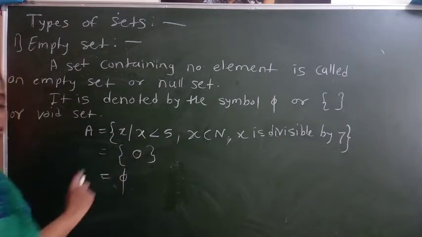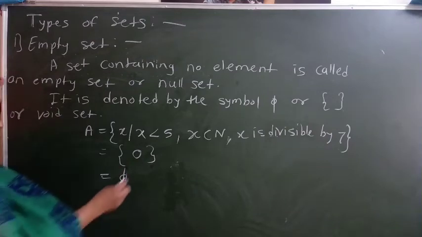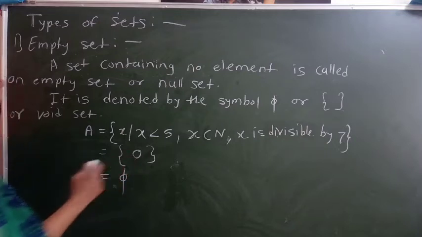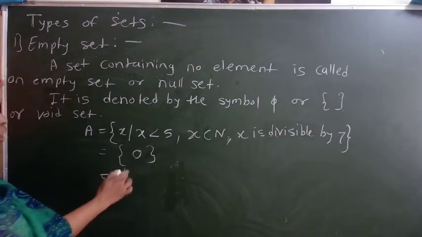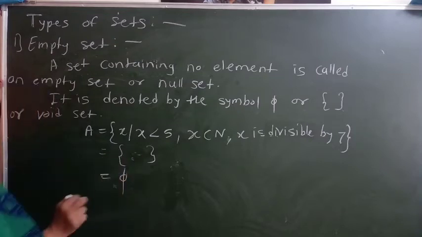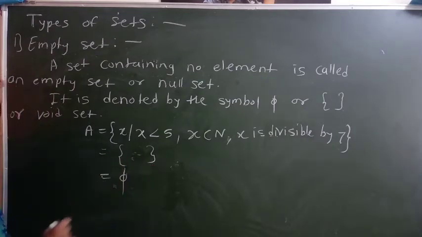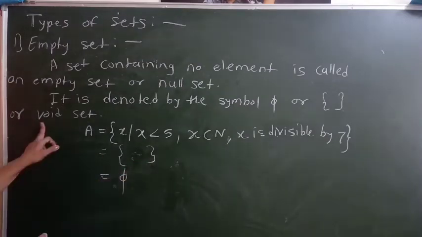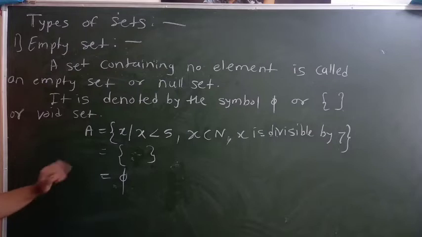This is not your empty set because 0 is present in that set. So this is not null set. There is no any element, it is empty space between your curly brackets. मग अशाला आपण म्हणणार empty set or it is void set. So this is your empty set.